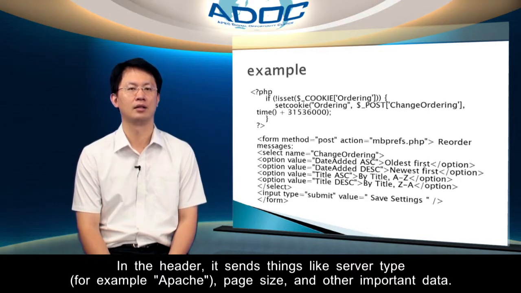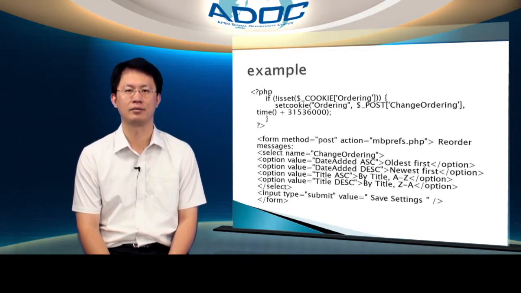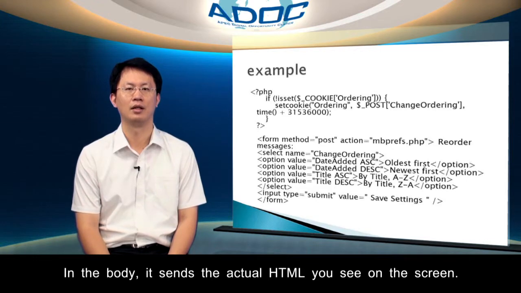In the headers, it sends things like server type, for example Apache, page size, and other important data. In the body, it sends the actual HTML you see on the screen.